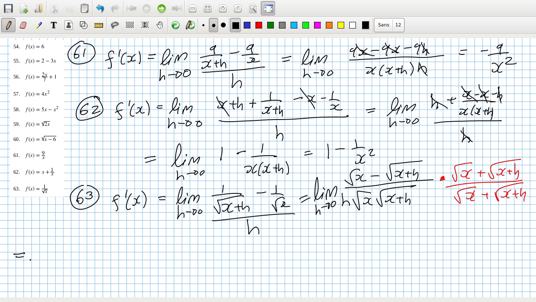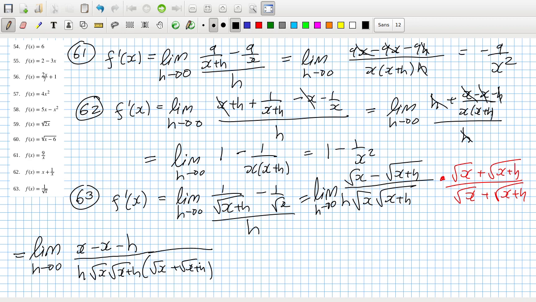So that's going to be the limit as h tends to 0. It'll be x minus h all over h root x plus h times root x plus h. That looks okay to me because they cancel out and that cancels with that.